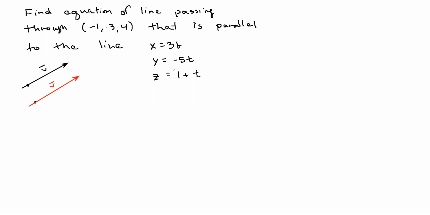You just have to pull it off of the parametric form of the line here. So V equals the numbers that are multiplied by t, so it's going to be 3, -5, 1. Then take that, combine it with our point, and we end up getting x equals -1 plus 3t, y equals 3 minus 5t, and z equals 4 plus t.